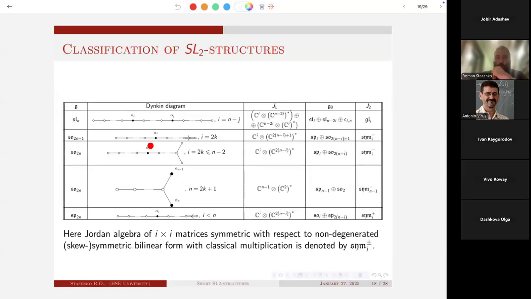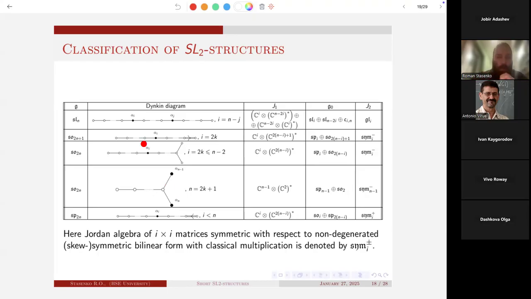So as you can see on these slides, this was made. You can see on the 3 last columns the elements of this symplectic Lie-Jordan structure, which correspond to such short SL2 structures.